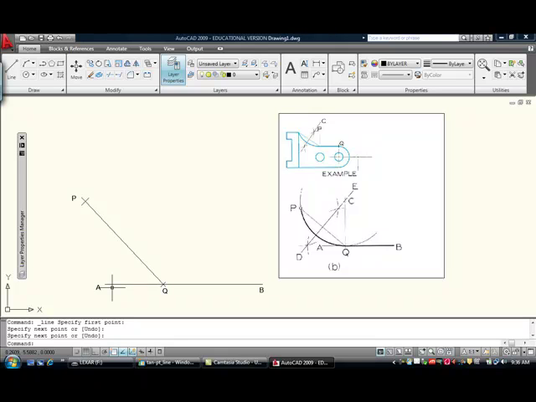Now, with AutoCAD, we can do a variety of things because we have facilities to work with. If I were doing this manually, I'd have to do construction to get a perpendicular at Q, and that would be no problem with my instruments. And I would also have to bisect PQ using my compass.